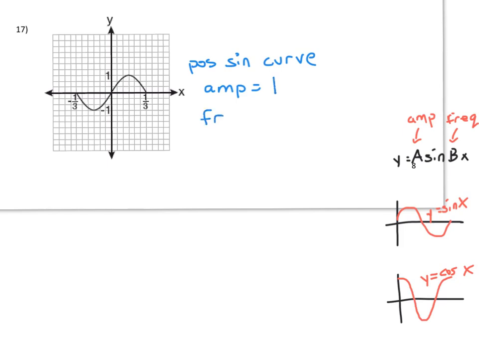And the frequency, since our x-axis is in terms of numbers, right? We're going to use our formula. Frequency equals 2 pi over the period. All right, so that's going to be equal to 2 pi over, well, the period, let's see, from here to here, isn't that just half of the sine curve?